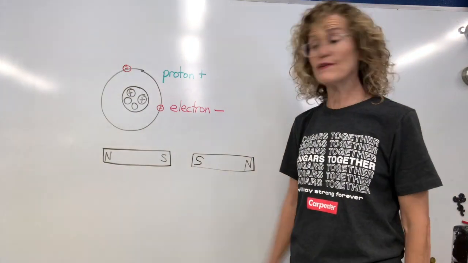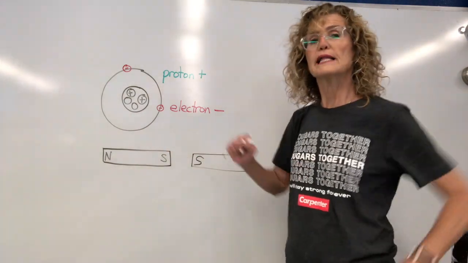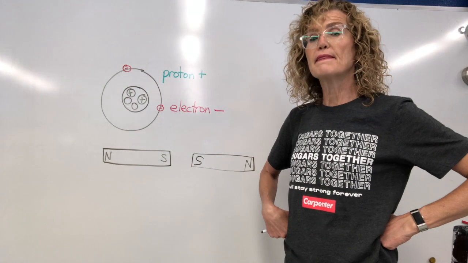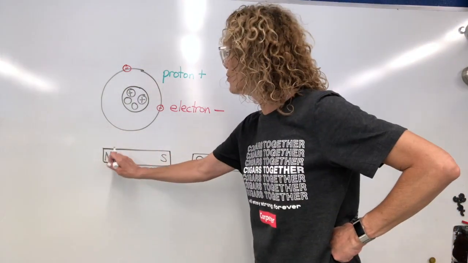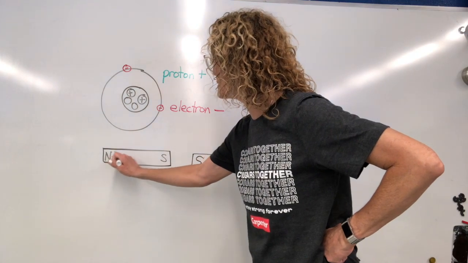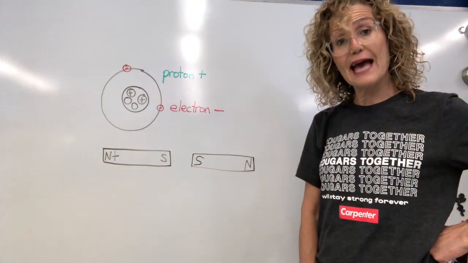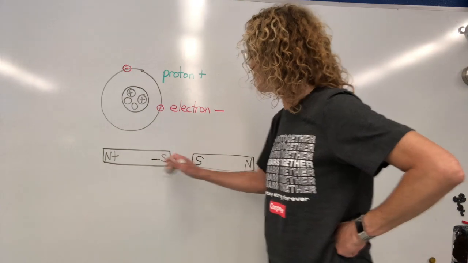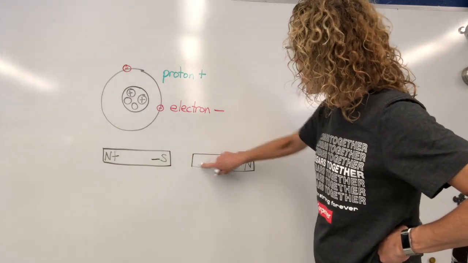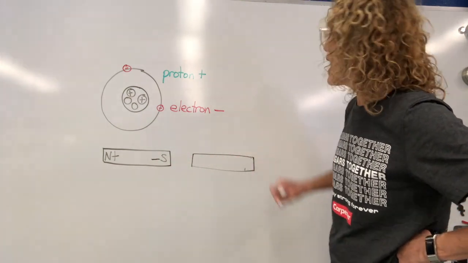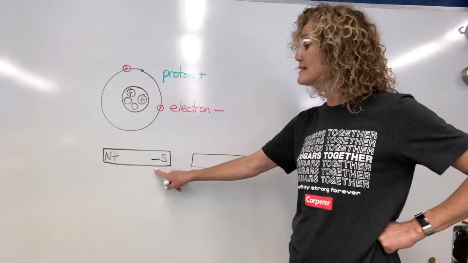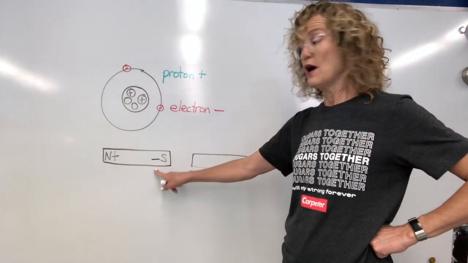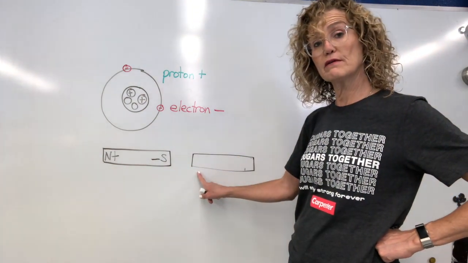Now, instead of having north and south, let's think about plus and minus. Instead of having north, I'm going to put plus. Instead of having south, I'm going to put negative. So if I have a magnet and I want it to repel, and this is a negative charge, what charge should I have here?